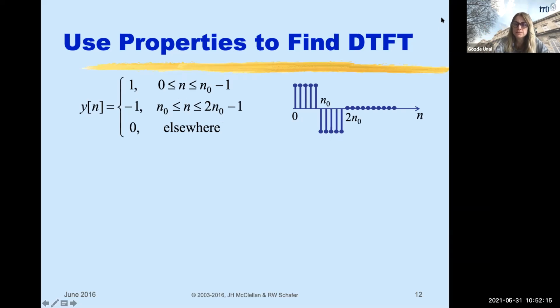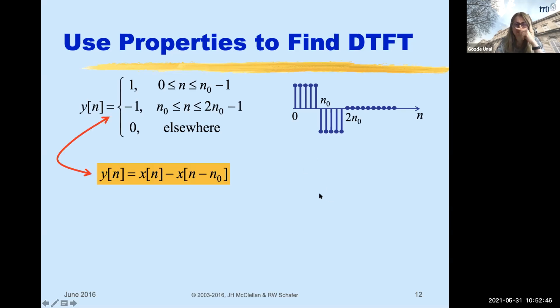It's an addition of two signals, right? So we need superposition, and we need shift and scale. Once I know the Fourier transform of this part of the signal, I can easily calculate the Fourier transform of the whole signal.